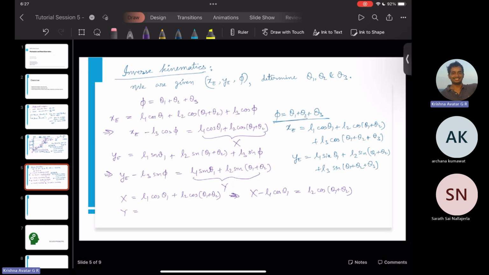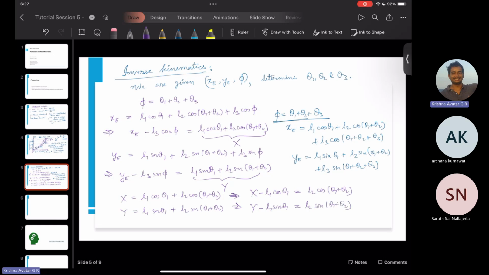Likewise, Y is equal to L1 sine theta 1 plus L2 sine theta 1 plus theta 2. This implies that Y minus L1 sine theta 1 is equal to L2 sine theta 1 plus theta 2.